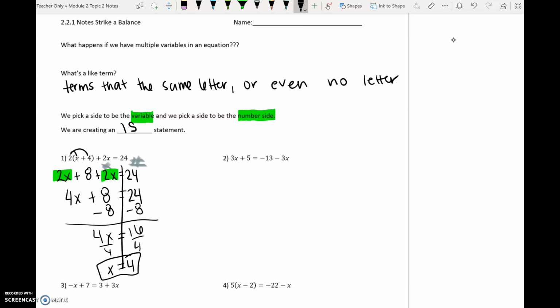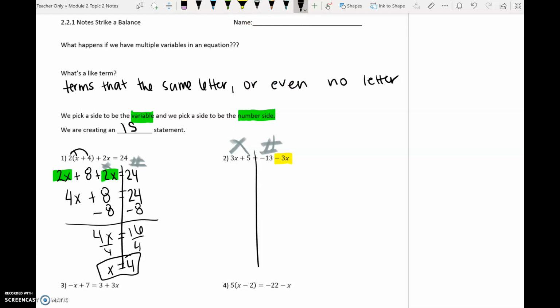When I come over here, I'm going to do the same exact thing. I'm going to pick a side to be my x side, and a side to be my number side. In this case, I'm going to pick x on this side and my numbers on this side. It doesn't really matter, but that's how I'm going to choose it. So if I want x's on this left side, notice I have an x over here.